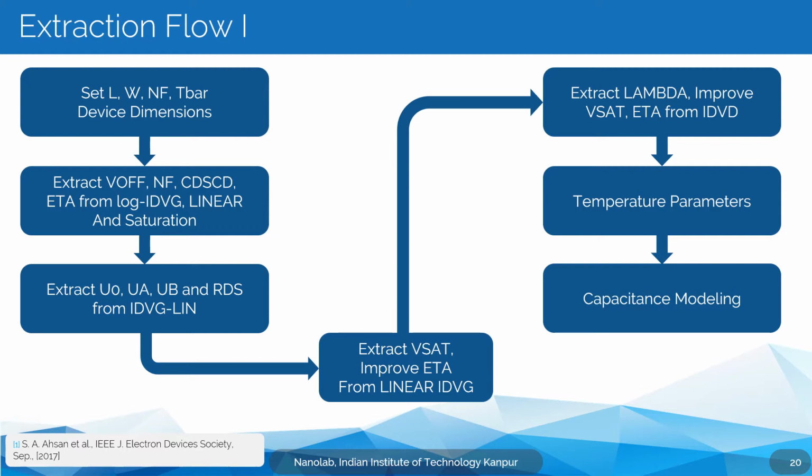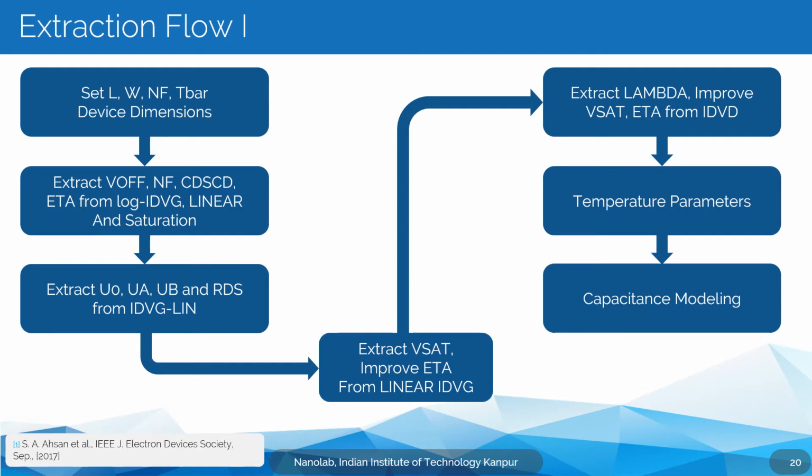In the output characteristics, we extract the CLM, which is lambda, and we extract the saturation velocity. We again tune eta, the DIBL factor, from the ID-VD. And it is in ID-VD that we properly extract all the access region parameters, and then we also extract the self-heating model, which we'll talk about later.